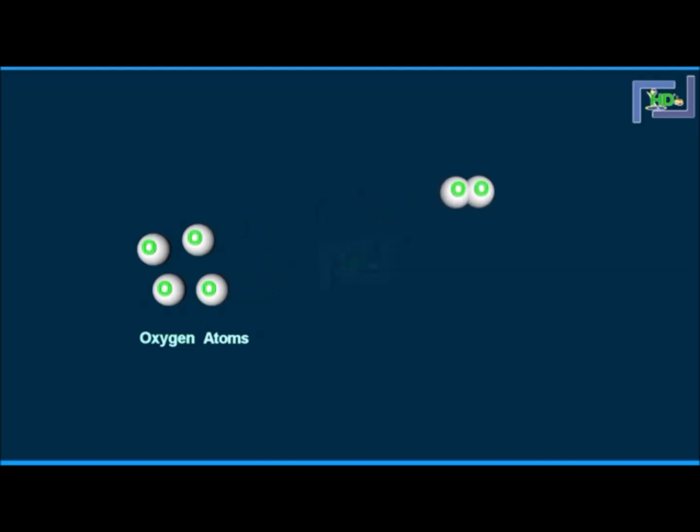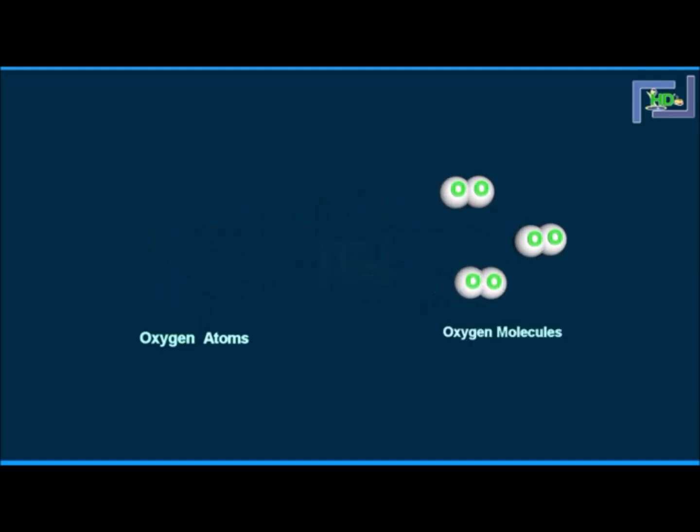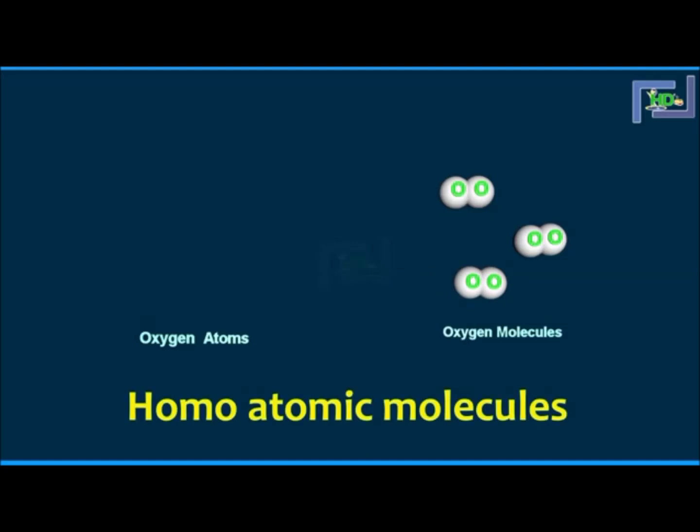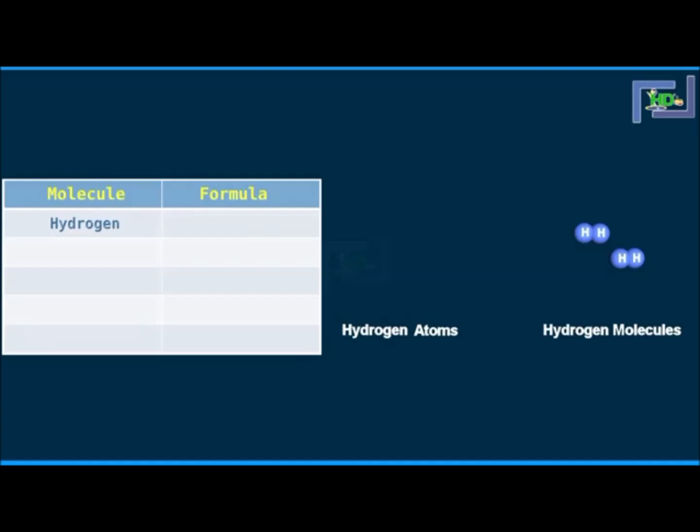If the molecules are made up of atoms of the same element, then they are called homoatomic molecules. The examples for homoatomic molecules are: two hydrogen atoms combine to form a hydrogen molecule, the formula is H2.